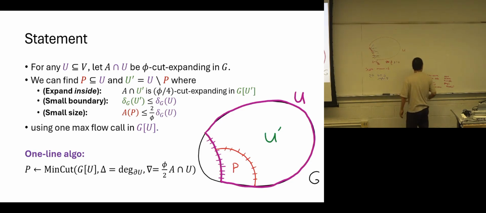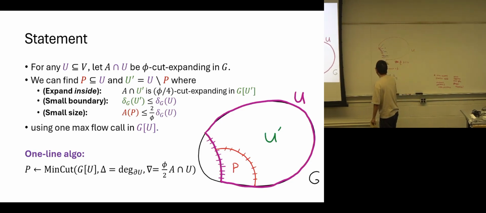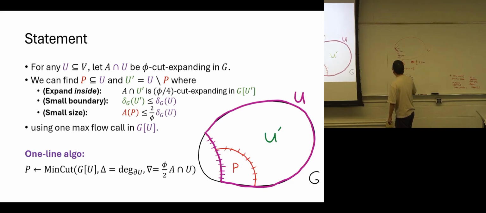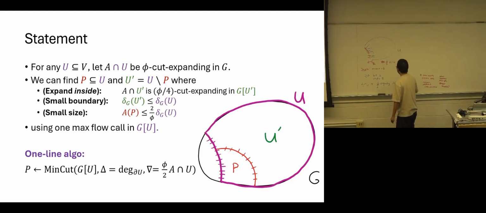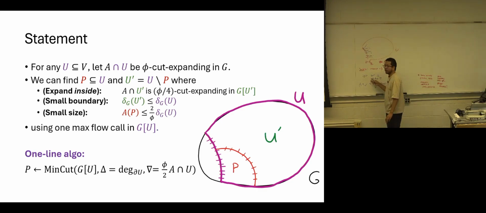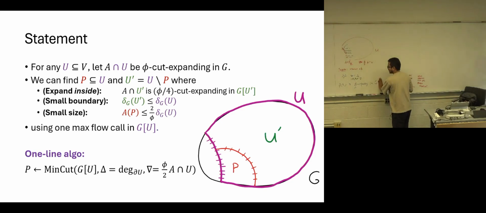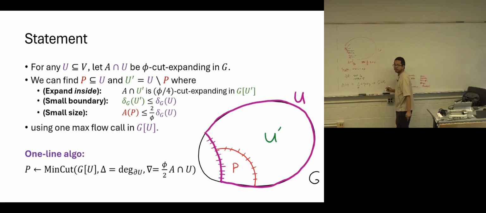I will now show that if that's the case, then A intersect U is expanding in GU. So if I can send flow successfully, I just prove that instead of having expansion in G, it's actually expansion in GU. So why is that the case?